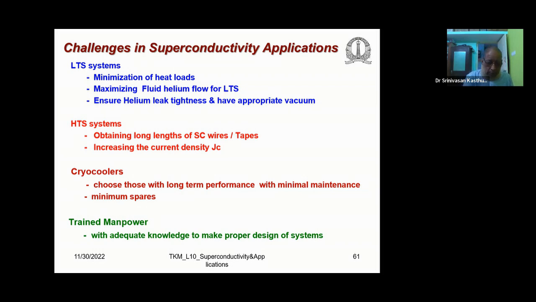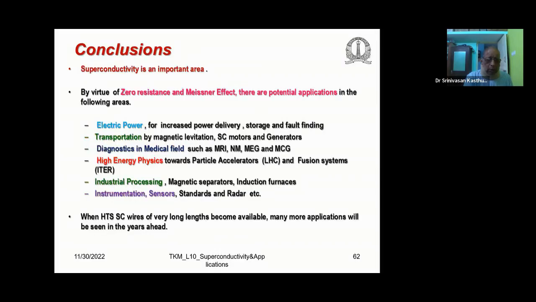As far as I know, I would like to conclude my talk with the following information. Superconductivity is a very, very important area. By virtue of zero resistance and the Meissner effect, there are many applications in this field. Electric power for increased power delivery, storage, and fault finding.